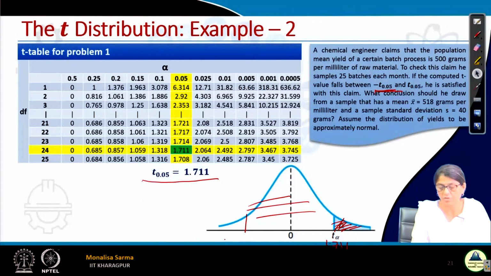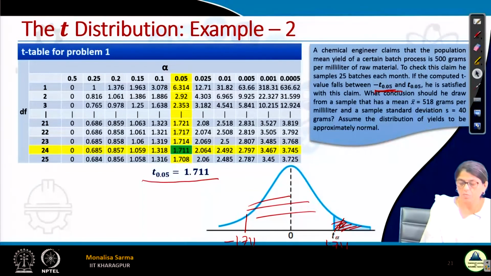Because it is symmetric, it will be minus 1.711. Lower tail values are not given, but it is symmetric, so if I know that, I will be able to note this, isn't it? So if my calculated T value falls within minus 1.711 to plus 1.711, that means his claim is justifiable.